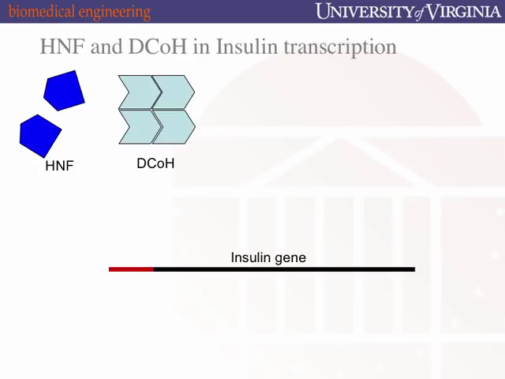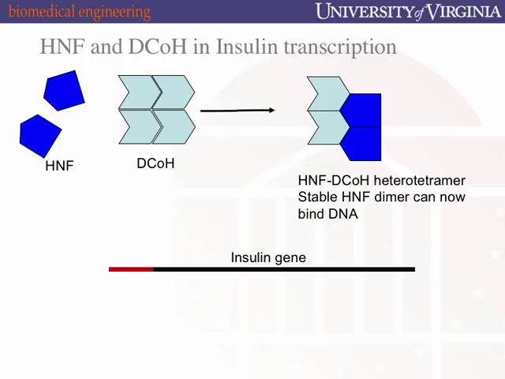So let's show a cartoon of HNF and DCOH on a locus that's particularly important for blood sugar control and diabetes, and that's the expression of the insulin gene. Here's the gene, here's the promoter region, and in this cartoon, we'll assume that there's a proximal element that's important for HNF.